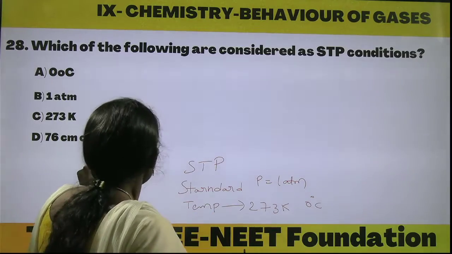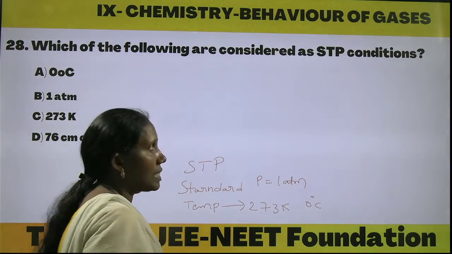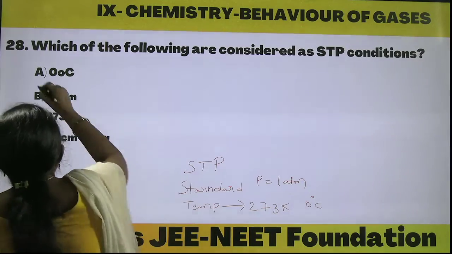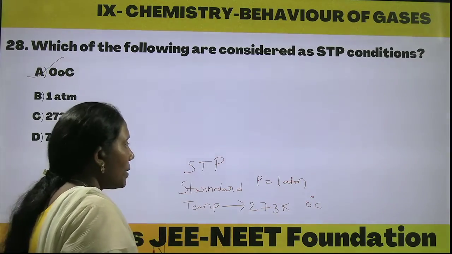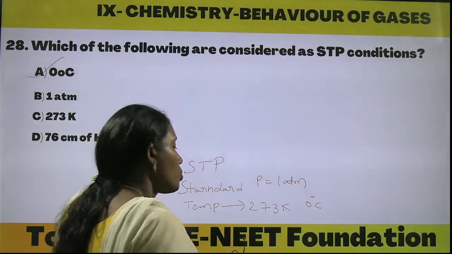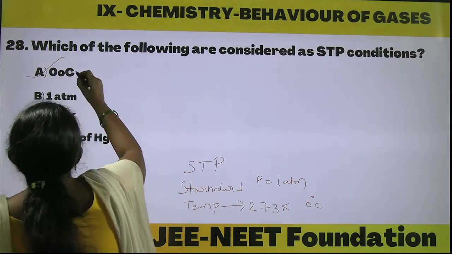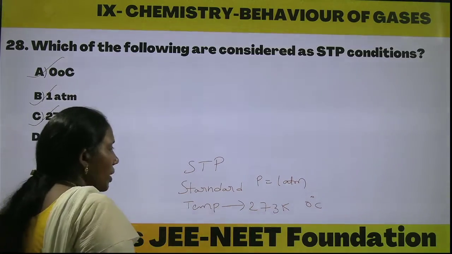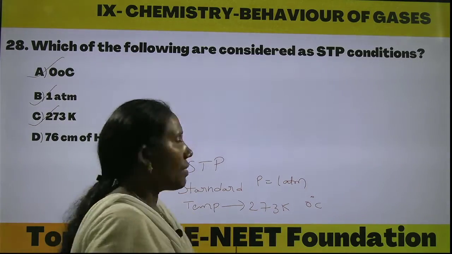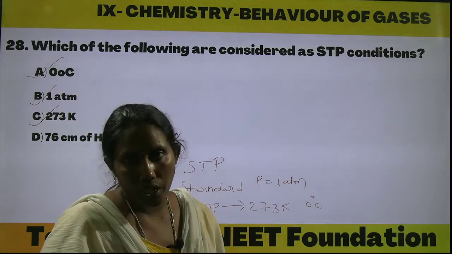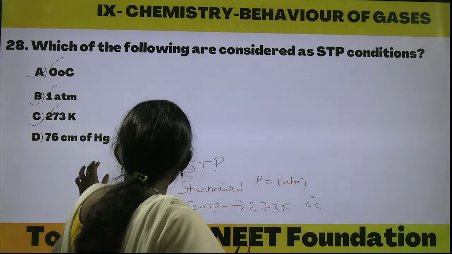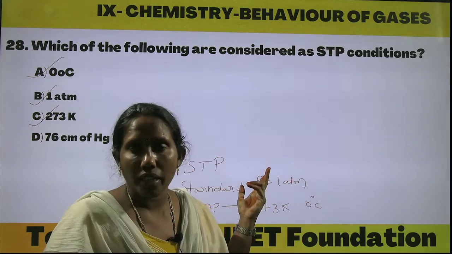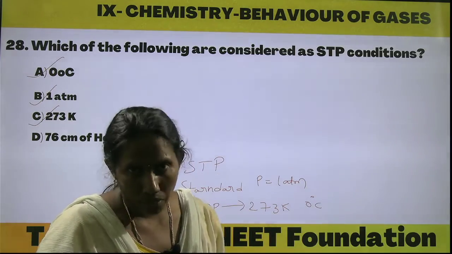So, he is asking which of the following are considered as STP conditions. First option is 0 degrees Celsius. Yes. Why? Because 273 Kelvin means 0 degrees Celsius only. So, 0 degrees, 1 atmosphere, 273 Kelvin, and even we can consider 76 centimeter of Hg. 76 centimeter of Hg we can convert into atmospheres, and that will be equal to 1 atmosphere only.